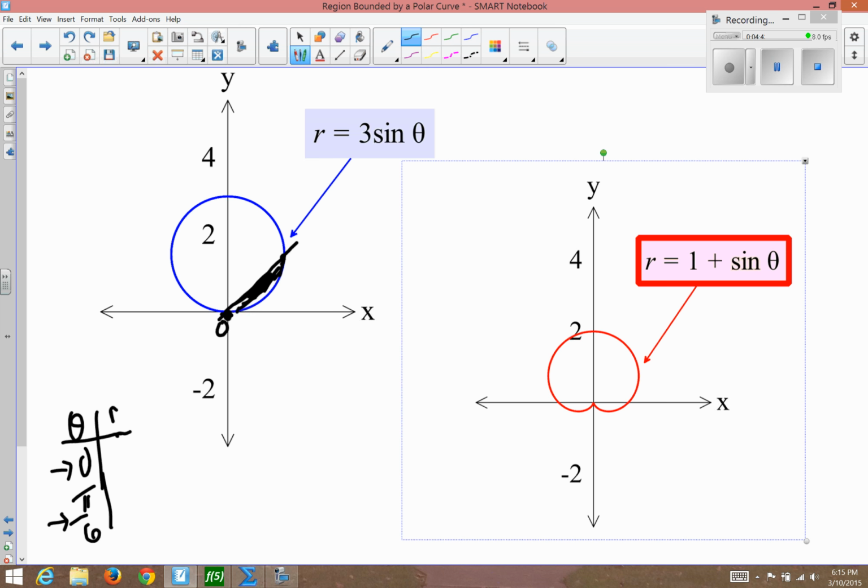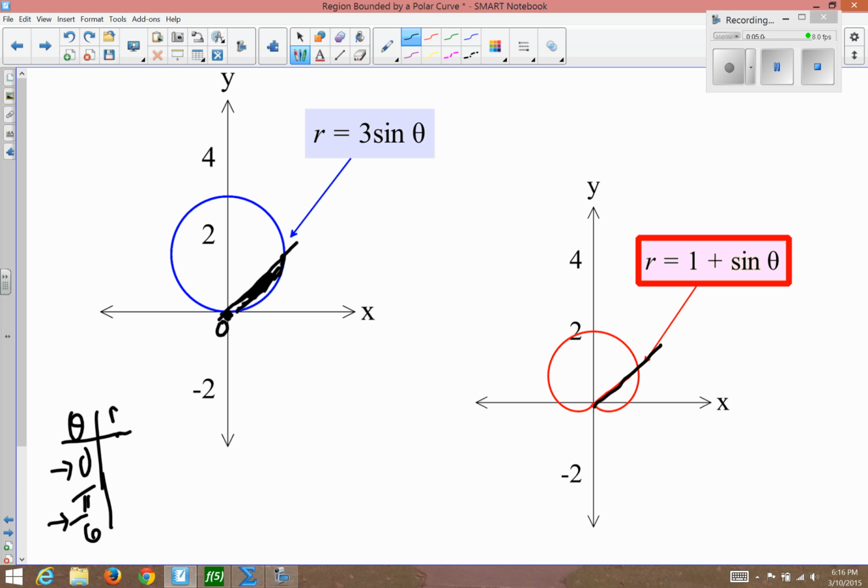Then, here's the theta equals pi over 6 again, over here, in the cardioid. This sweeps itself out from 0, 0 around, ends up back at 0, 0.